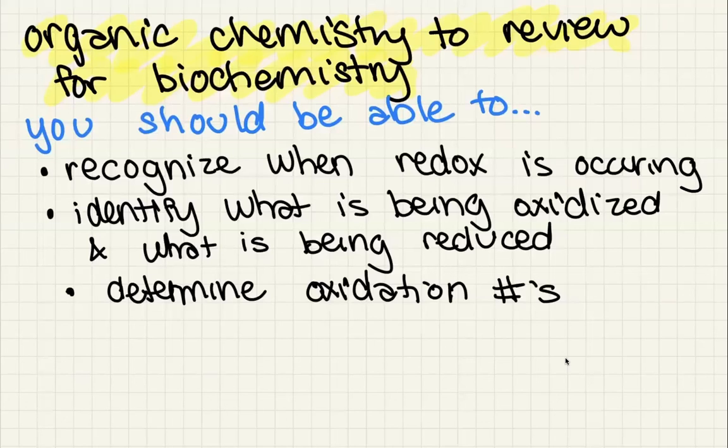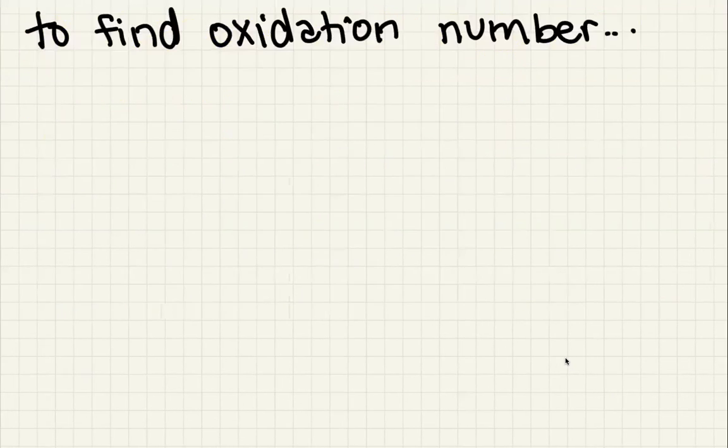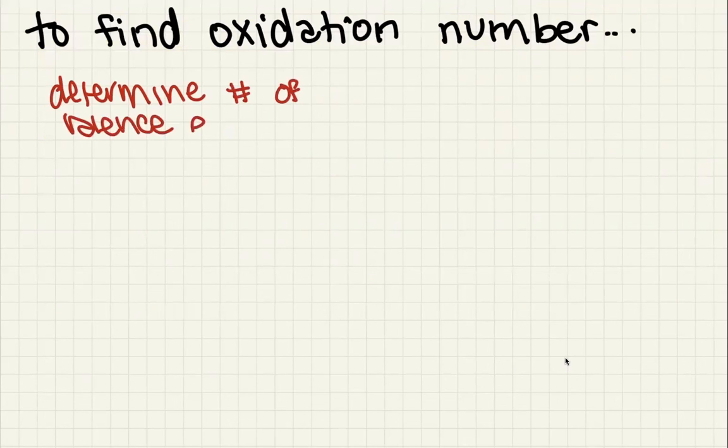So to review what you should be reviewing: recognize when redox is occurring, identify what's being oxidized and what's being reduced, and determine the oxidation numbers. So remember, to find the oxidation number, what you want to do is determine the number of valence electrons in neutral form, subtract how many it would own in a split.